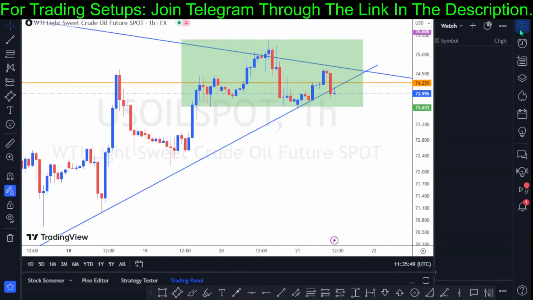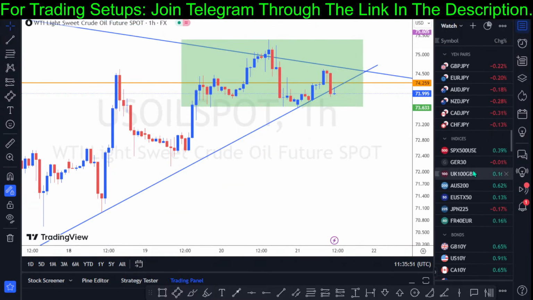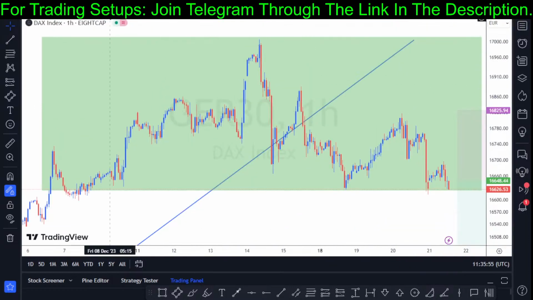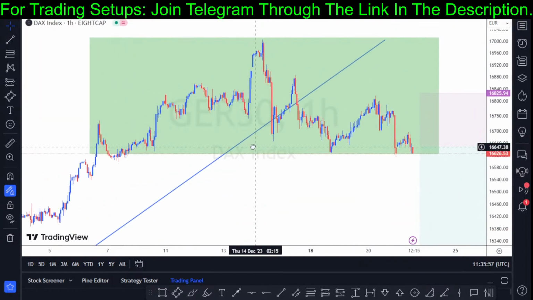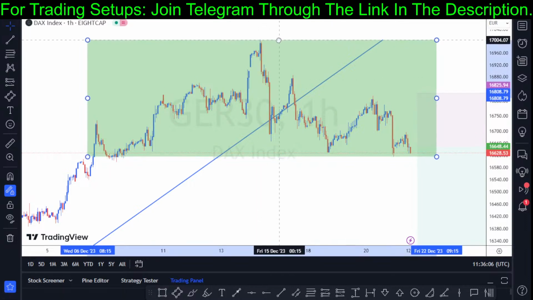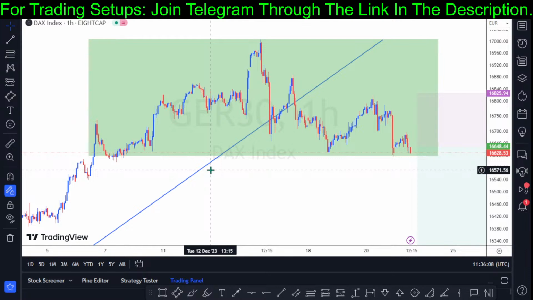Based on German 30, you can see that price is still trying to break the neckline. So let's patiently wait to see how price is going to react to break this neckline right here.